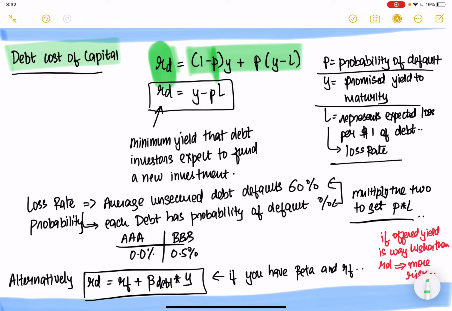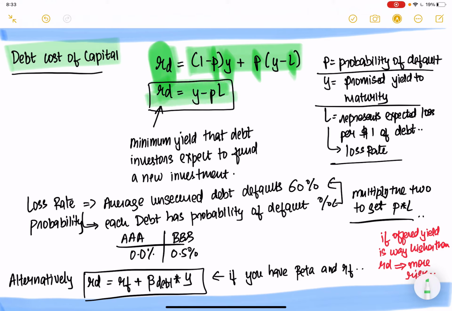Y is the promised yield at maturity of this debt, P is the probability of default, and L is the loss rate, like for every dollar of debt investment, what is the loss expected. So in a sense, RD equals Y minus PL.